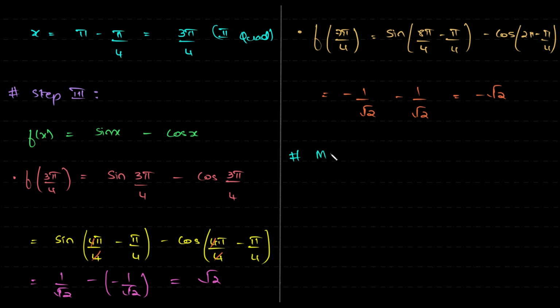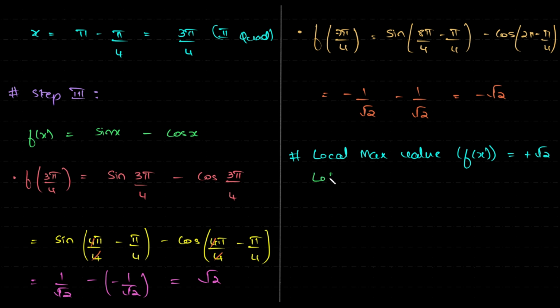So the maximum value of f of x is equal to minus root 2, sorry, plus root 2, and this is the local maximum value.